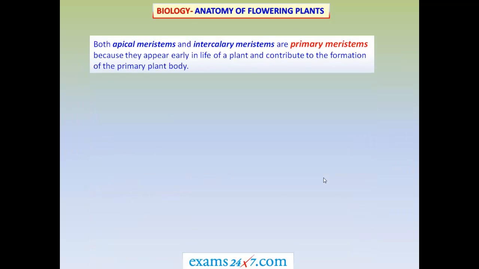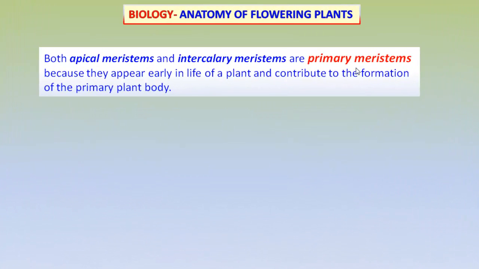Among these meristems, the apical meristem and intercalary meristem are designated as primary meristems because they appear early in the life of a plant and contribute to the formation of the primary plant body.